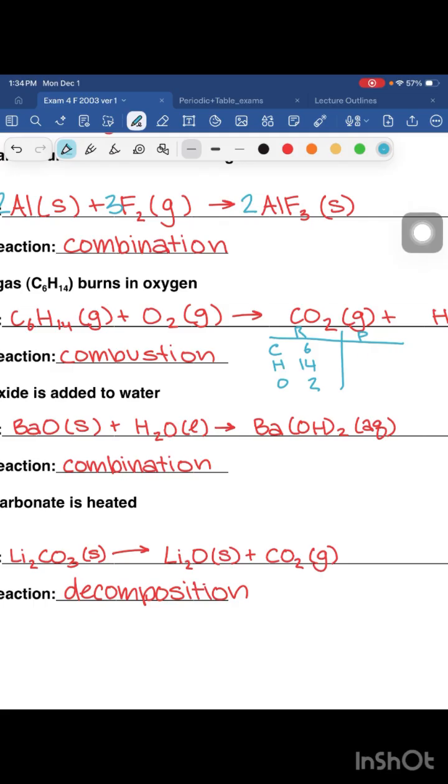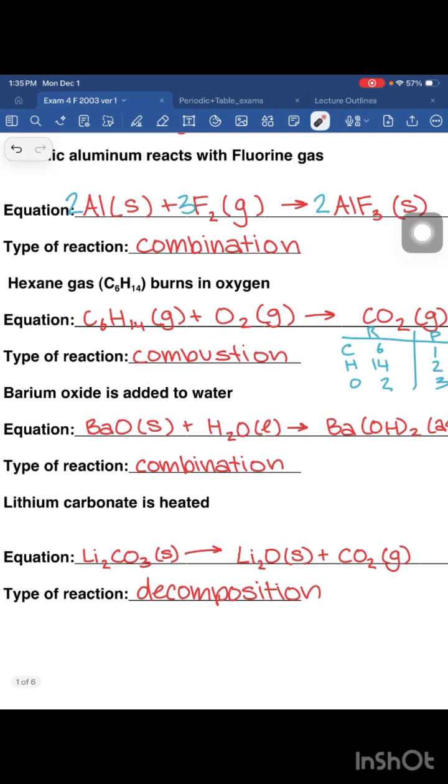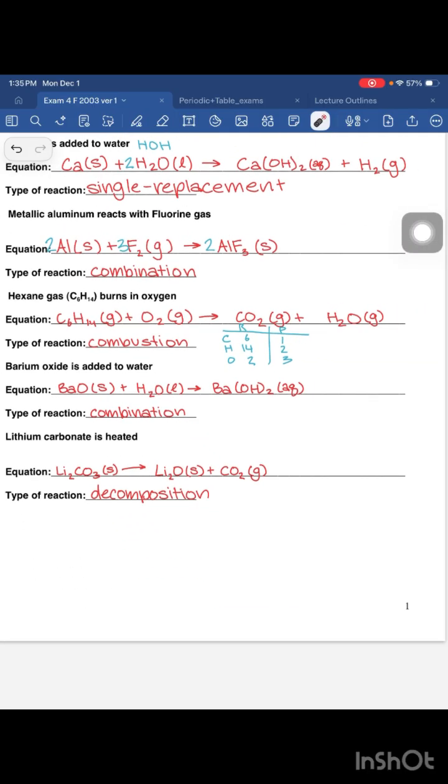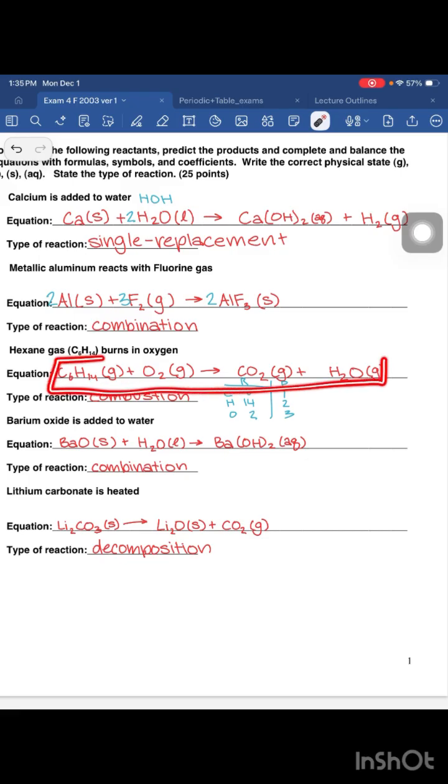And on this side, I have 1, 2, and 3. Something to note is anytime you are given a combustion reaction and the amount of carbons is even, you're going to eventually have to double the whole thing.